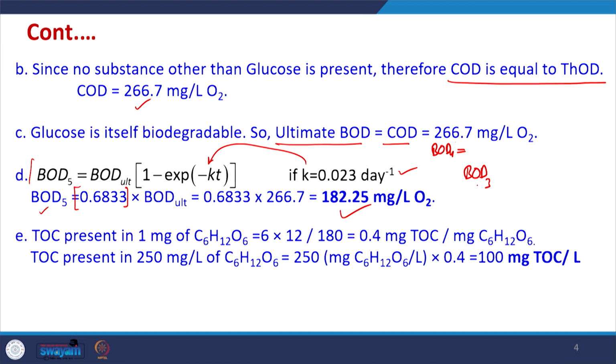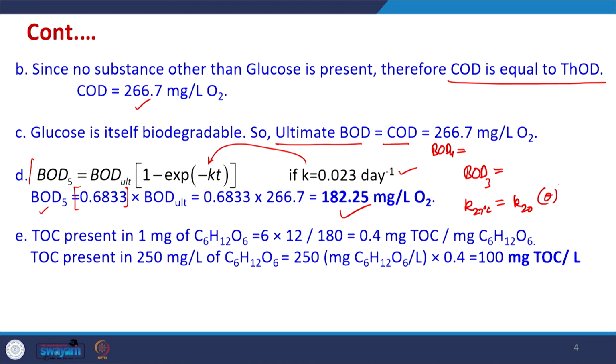Similarly, we could have found out BOD 3 also, but for that we require the K value at 27 degree centigrade, because BOD 3 is determined at 27 degree centigrade. It was possible to calculate from K20 also, given the theta value is known.